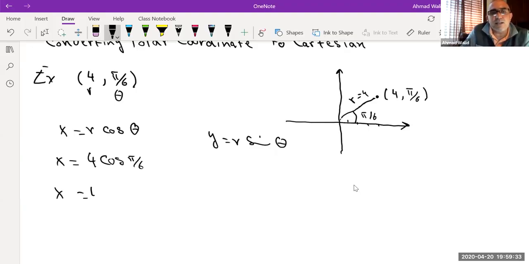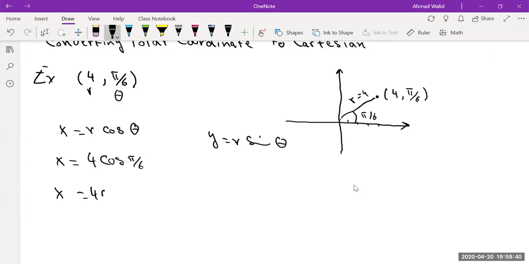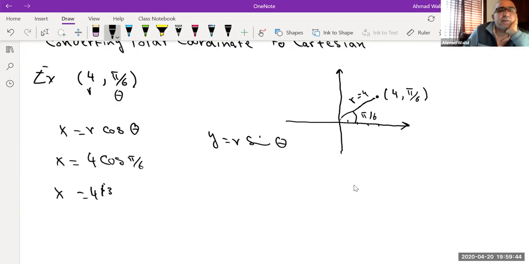Then x equals 4 times what? How much is cosine of pi over 6? Radical 3 over 2. Very good. I can simplify by 2, then x equals 2 radical 3. Same way, y equals, how much is r? R is 4, times sine of theta.